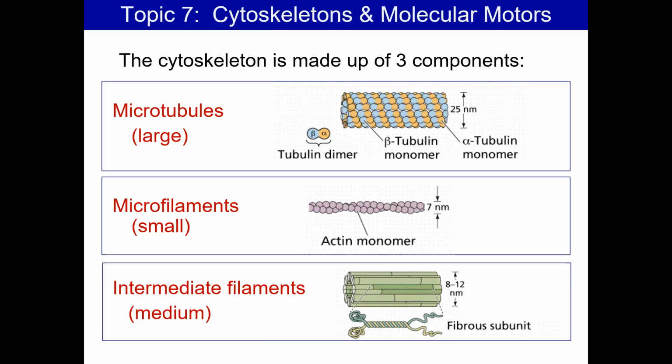Microtubules are spindle fibers, flagella and cilia. Microfilaments are for amoeboid movement and muscle movement. And the intermediate filaments really don't have anything to do with movement. They have to do with anchoring things like the nuclear lamina.